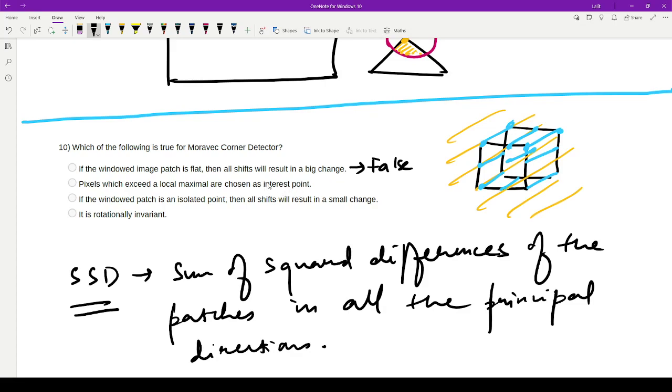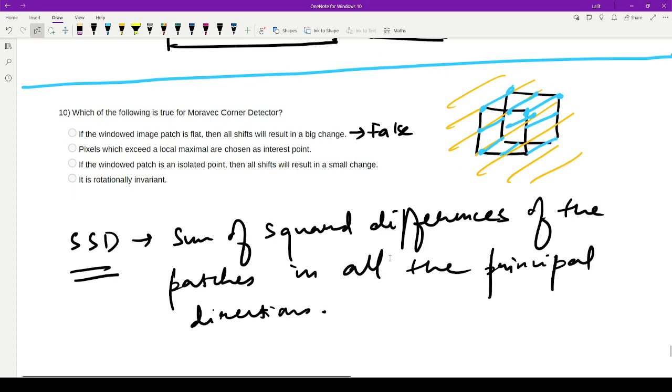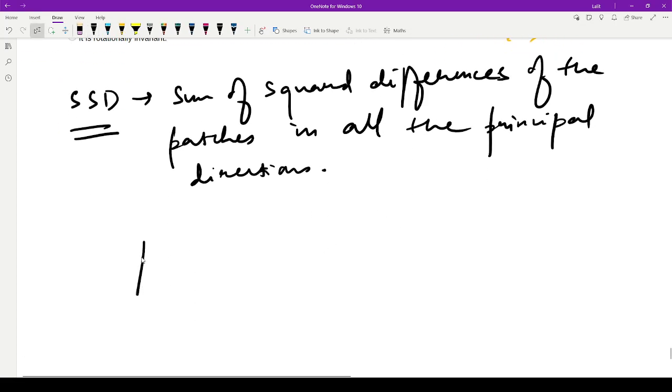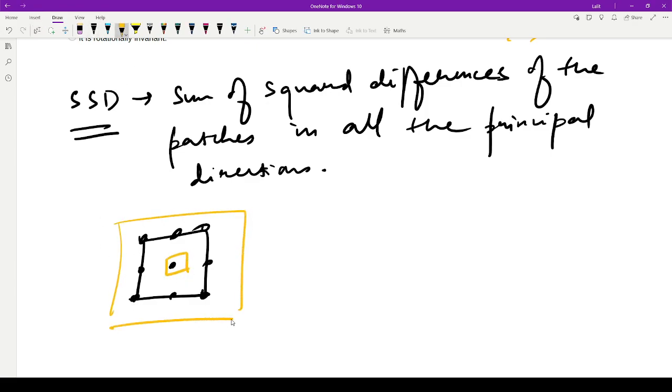For a given central pixel, if the sum of square differences is high compared to other pixels around the central pixel, then you fix a 3 cross 3 patch here and check nearby regions, and again fix it here and check nearby regions.